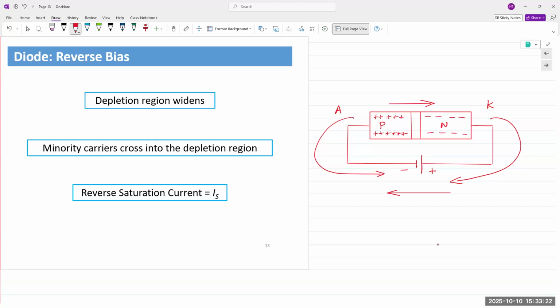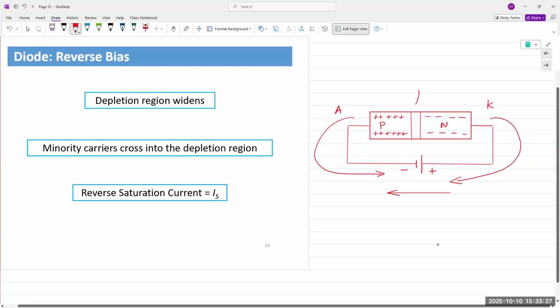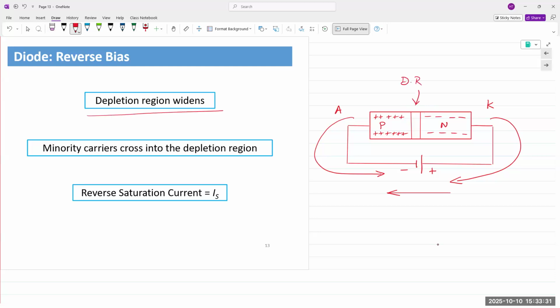And because they are being attracted away, this depletion region is going to increase. Okay, the depletion region width keeps on increasing because the charge carriers are being pulled away. And there are several effects that occur over here which have real life applications. So we'll talk about those also.